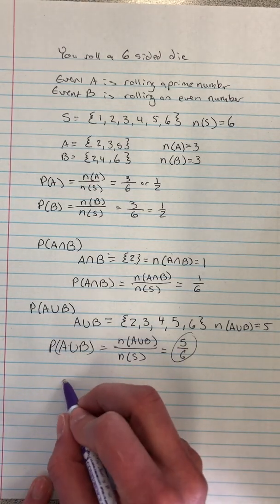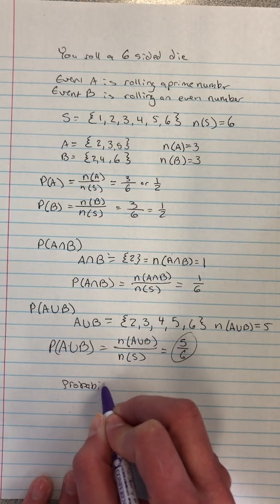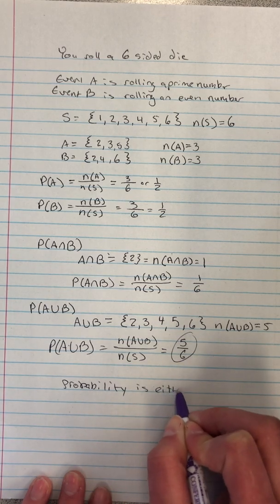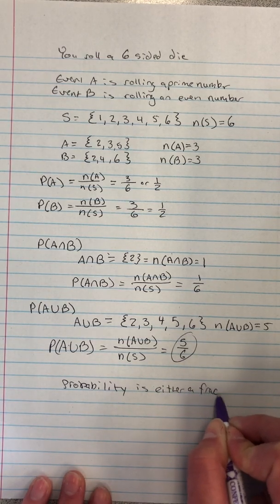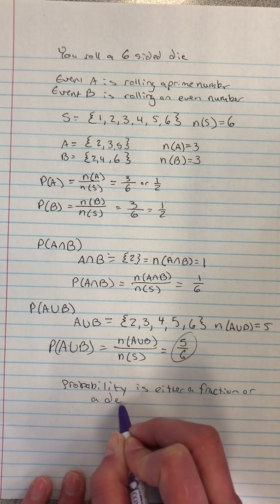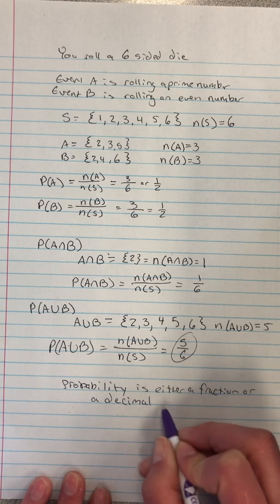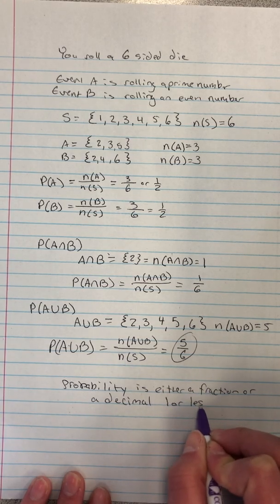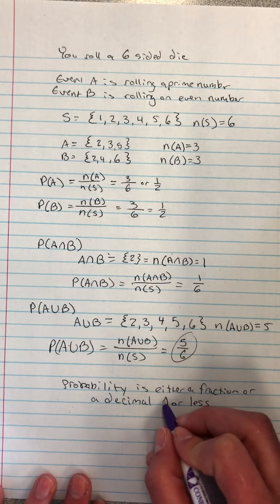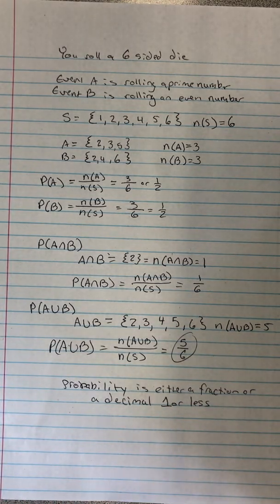Now, one thing I must note, probability is either a fraction or a decimal, 1 or less. It can never be greater than 1. Your probability can never be greater than 1.